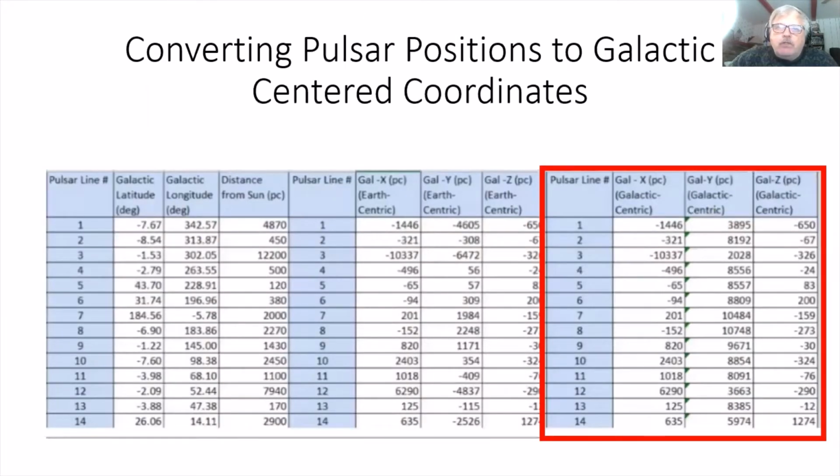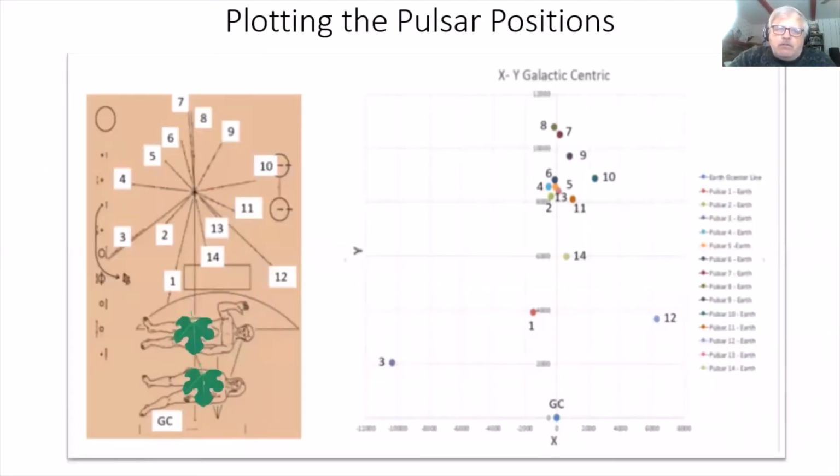The next step was to shift the galactic coordinates. If you plot those, and if you look over here, I've numbered the pulsars. You will see the galactic center here, and then you take the distances.